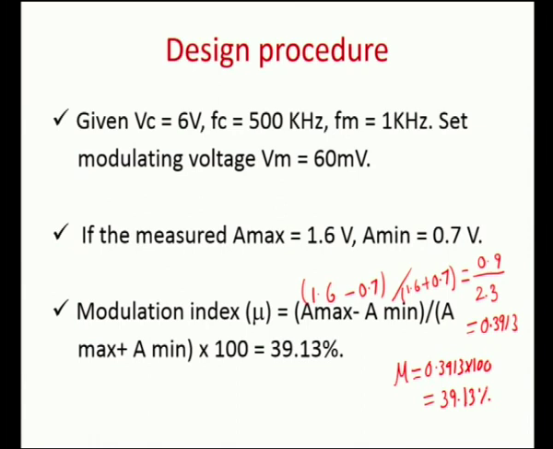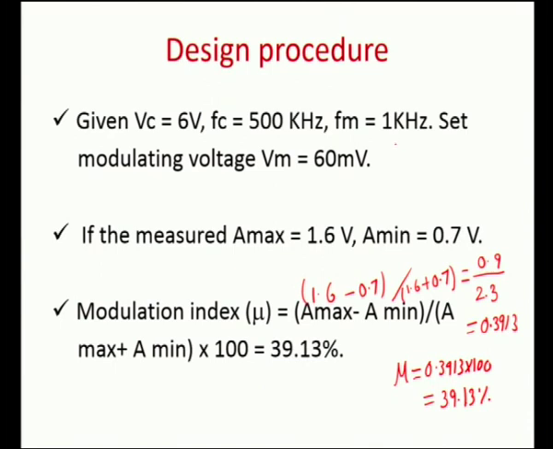Once again, you can adjust your Vm voltage to some other value and then measure A max and A min. For example, the first iteration is over, and you can put it in a table.